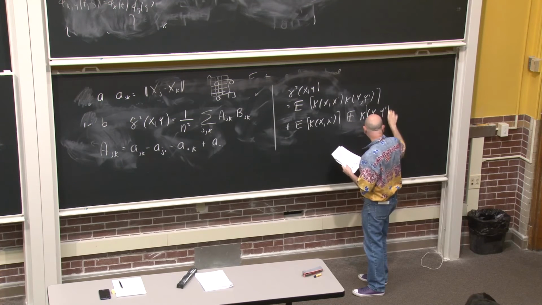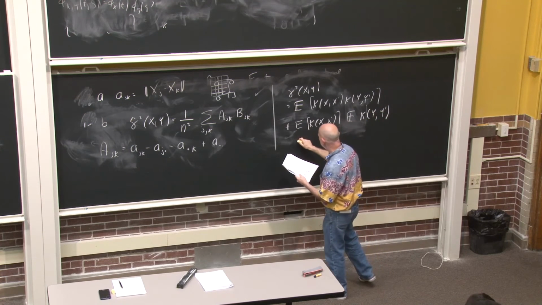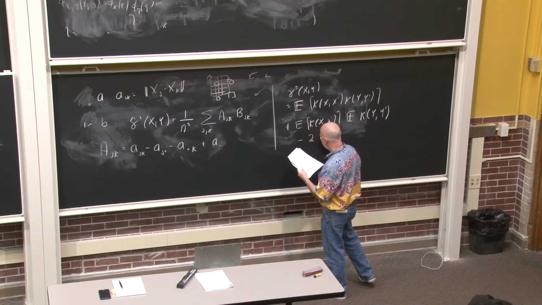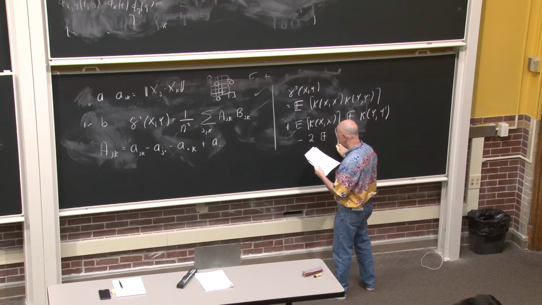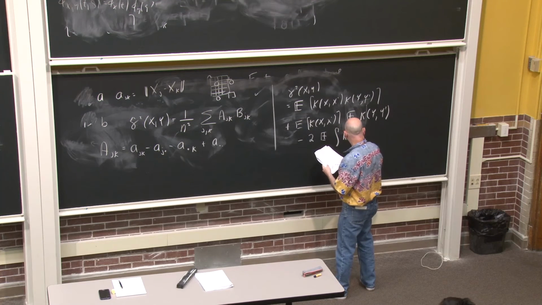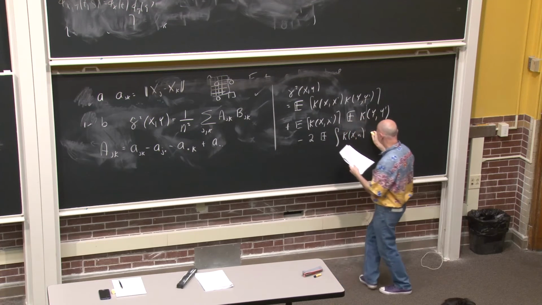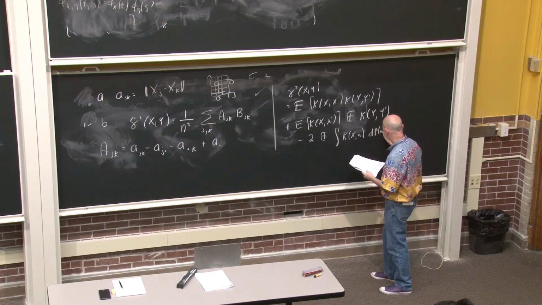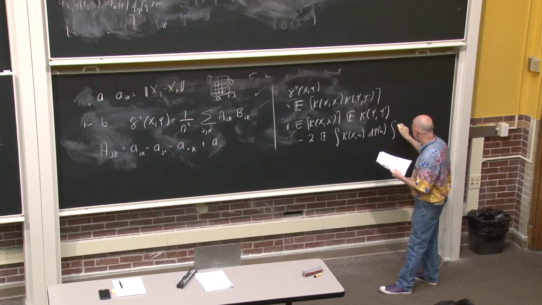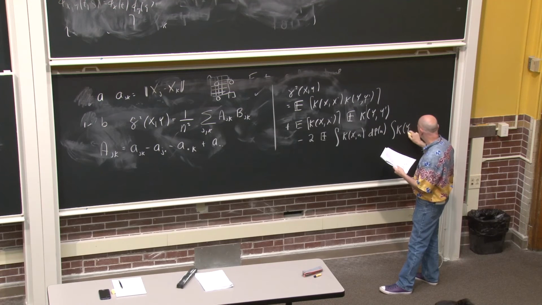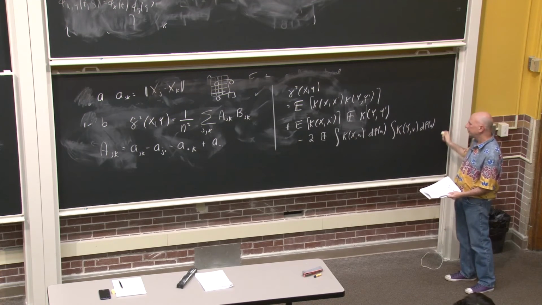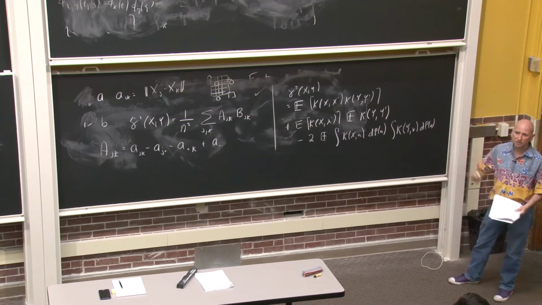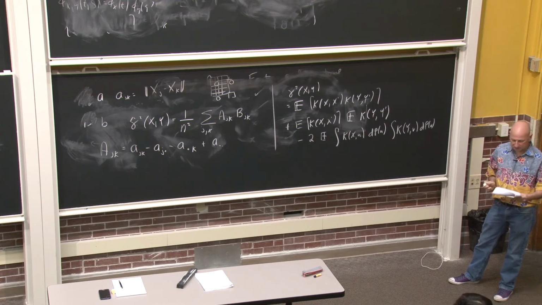This is rewritten a slightly different way, minus 2 times the expected value. This is how you usually see it written in the kernel literature, but you can think of this as just a kernelized version of that statistic.